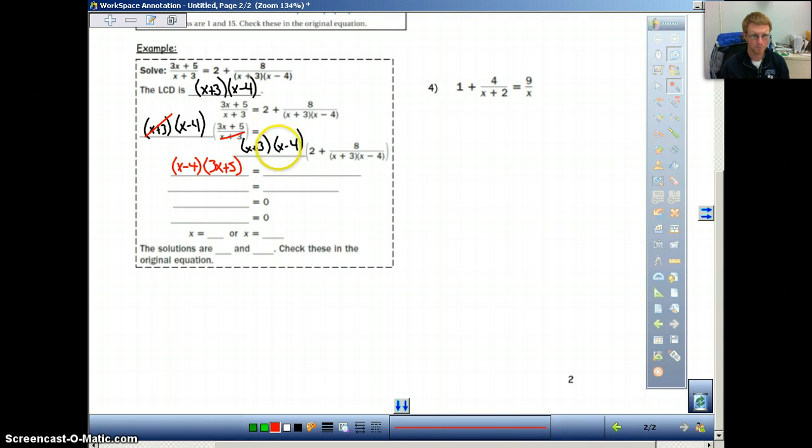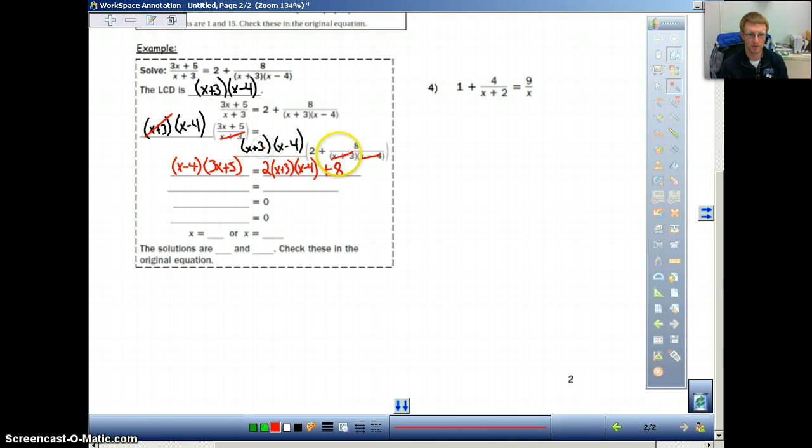On the other side, we're going to get x plus 3, x minus 4 times 2. So we're going to get 2 and then x plus 3. And we don't have to multiply any of this stuff out yet. We'll do that later. And then over here for the second one, the x plus 3 and x minus 4 are going to cancel out with both of these. So all we're left with is plus 8.